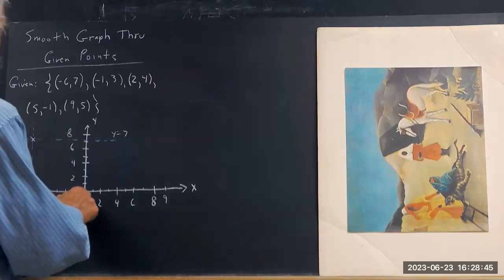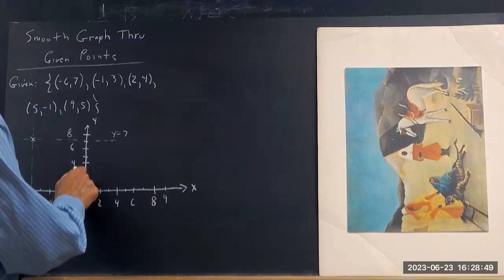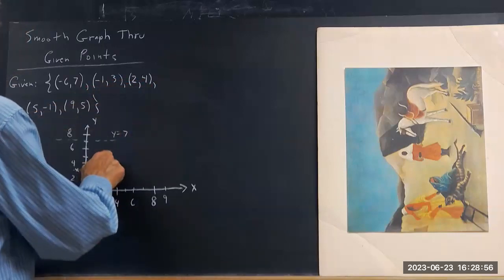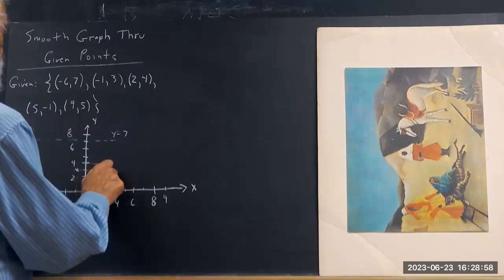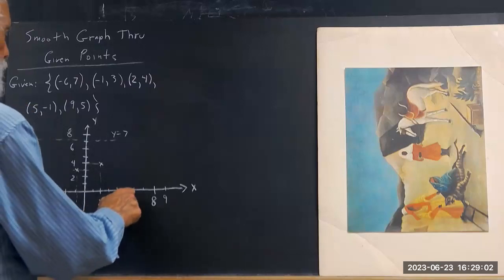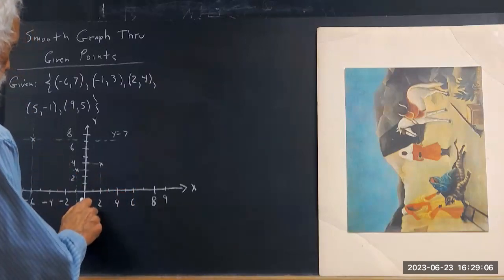Okay, so let's say -1, 3. Here would be the line for x equals -1. Here would be the line for y equals 3. So we have this point. 2, 4. Well, x equals 2 here. y equals 4 here. So we have 1. 5, -1. Here's 5. And -1, well, on the y, you come down to here.